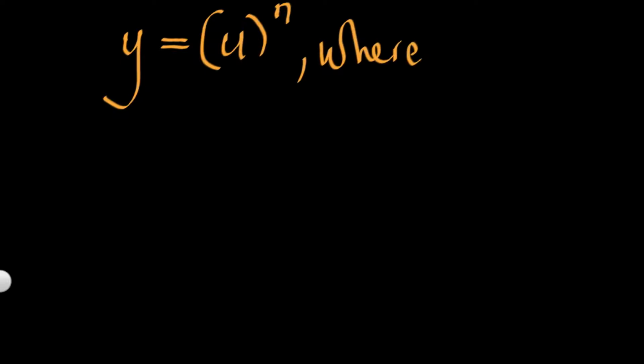The chain rule says, if you have y equals u to the power of, let's say, n, where u is a function of x.